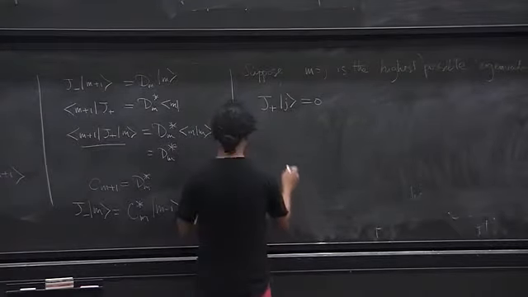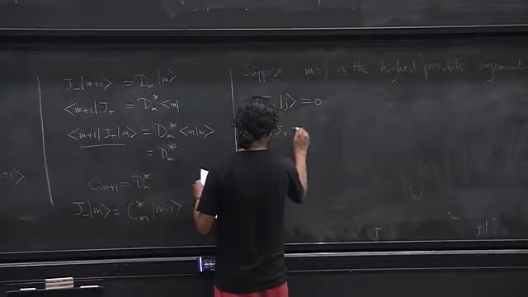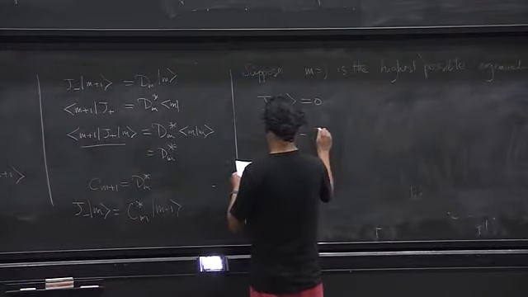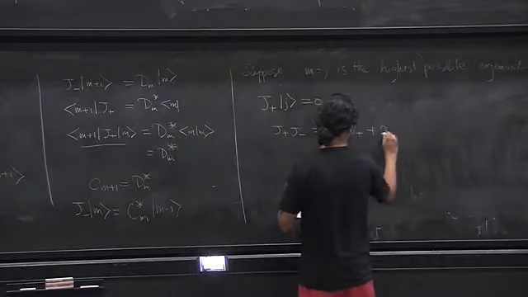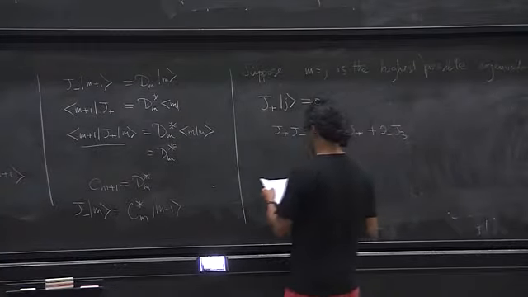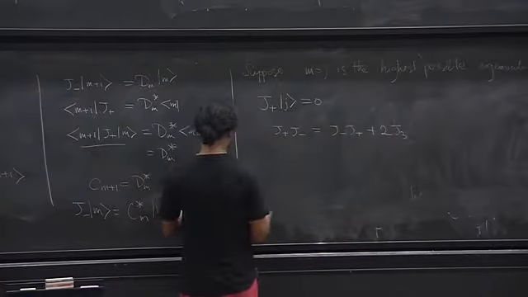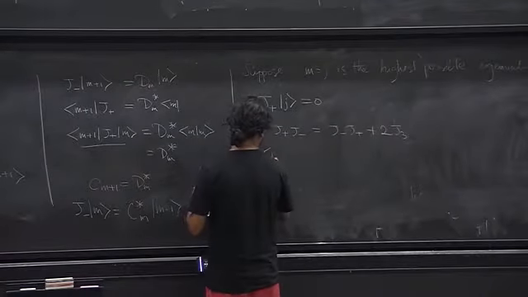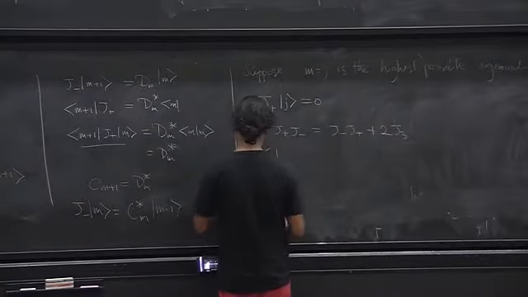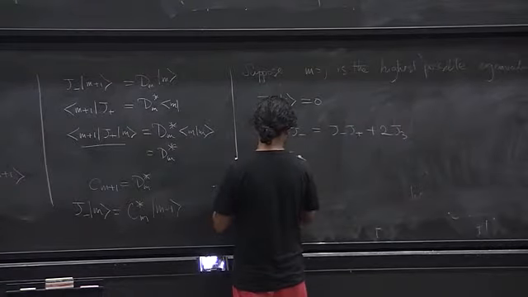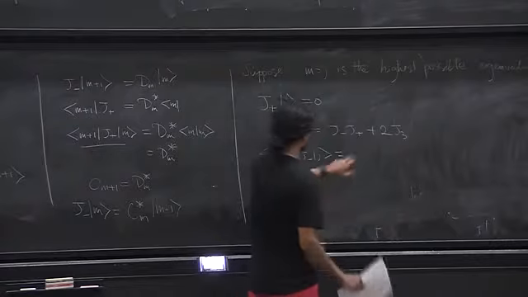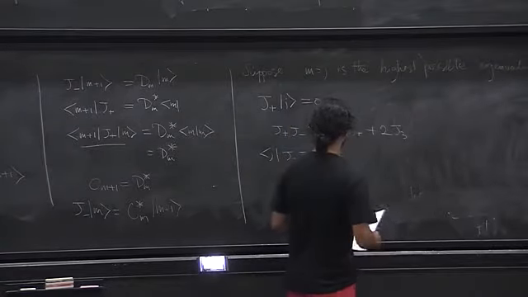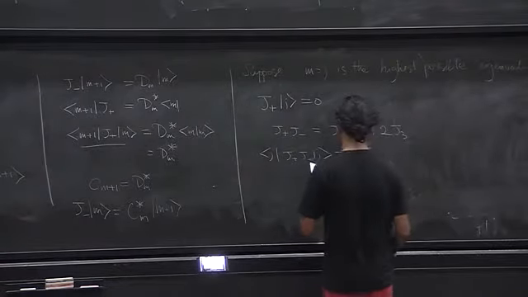So now, starting with the commutation relation of J plus and J minus, and sandwiching it between the state j, I get, remember that J plus acting on j gives me 0, so the first term becomes 0.